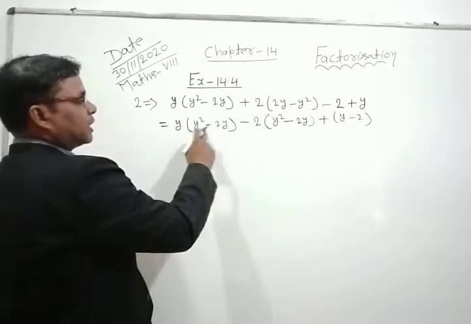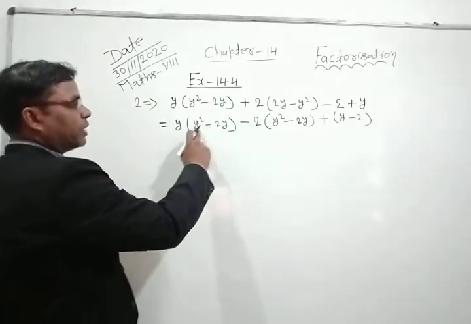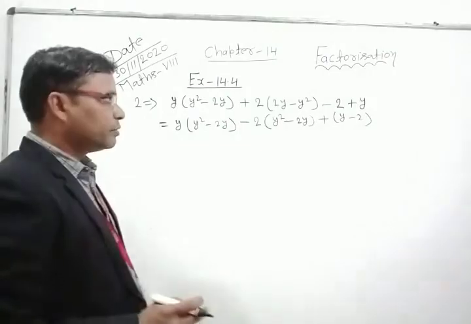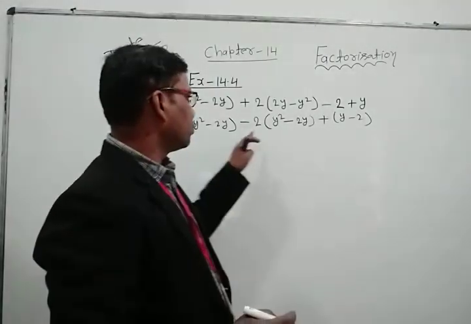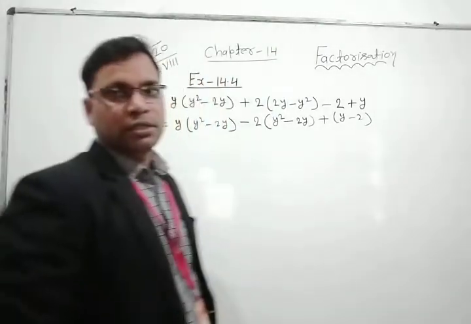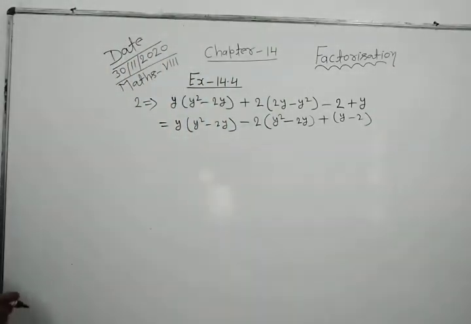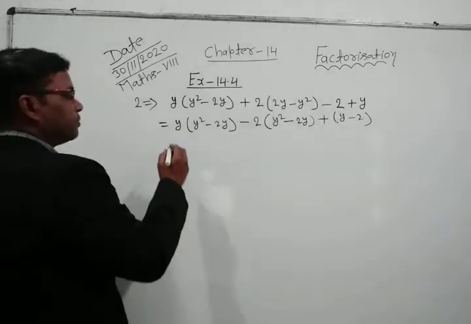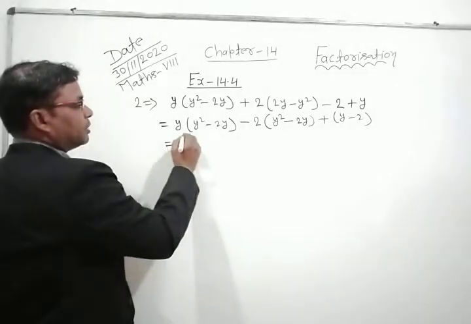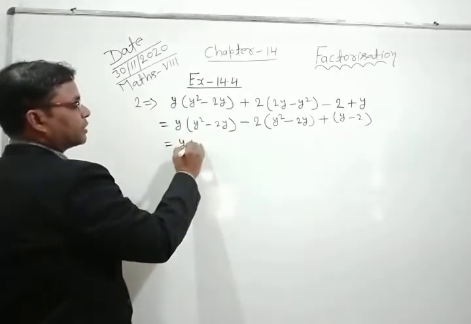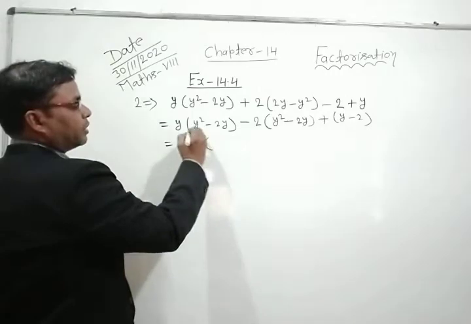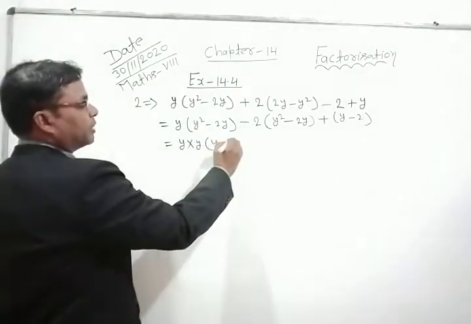Now what is common between them? Y square minus 2y. Here we have already grouped this expression: first group, second group, and third group. So tell me what is common in the first group. You can see y is common here. So we take common y, and here we have y minus 2.